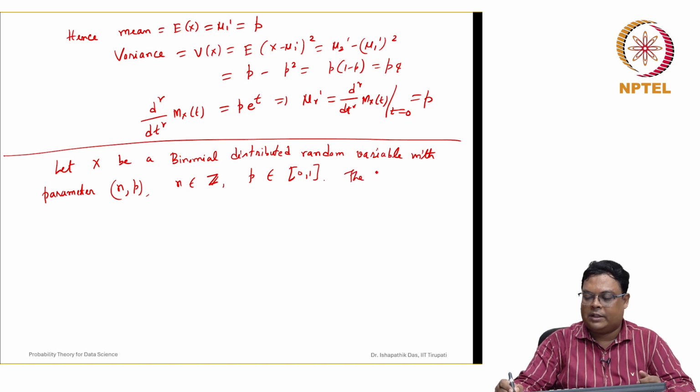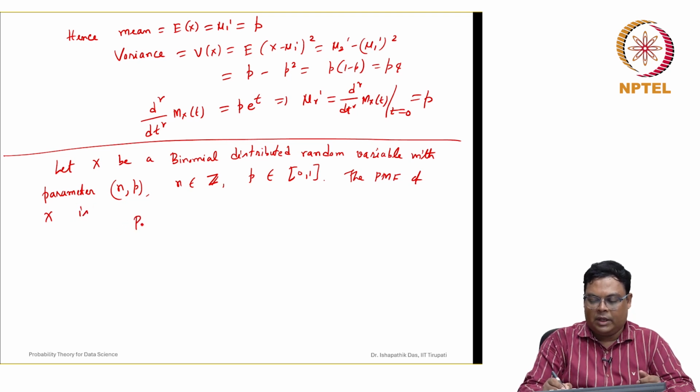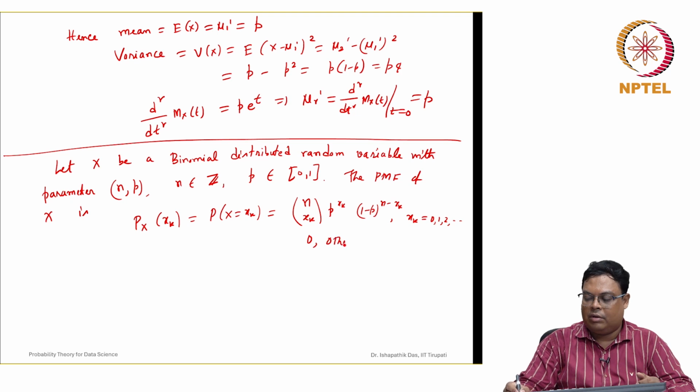So the probability mass function of X, because it is a binomial random variable, can be represented as p_X(x_k), the probability that X takes some value x_k, which is equal to nC x_k p to the power of x_k (1 minus p) to the power of n minus x_k, where x_k can take the values 0, 1, 2, and so on up to n, and it is 0 otherwise.